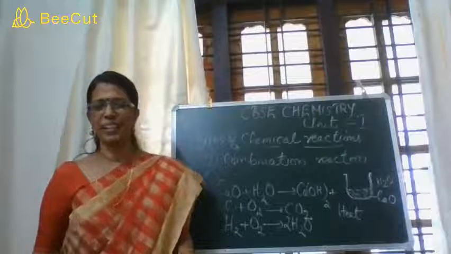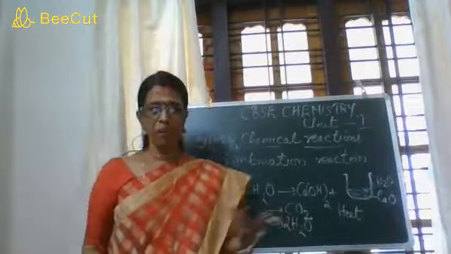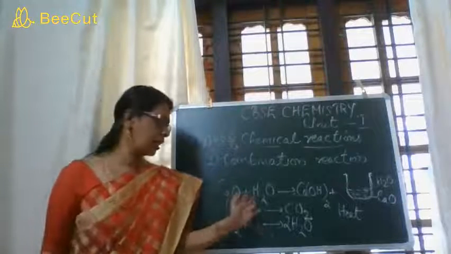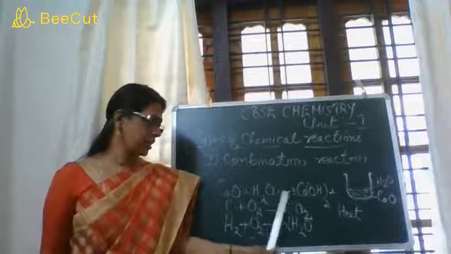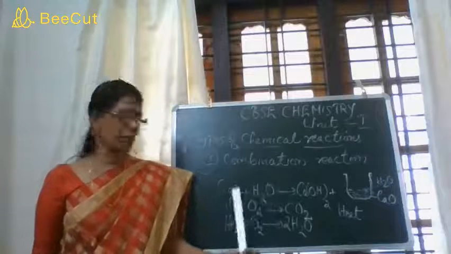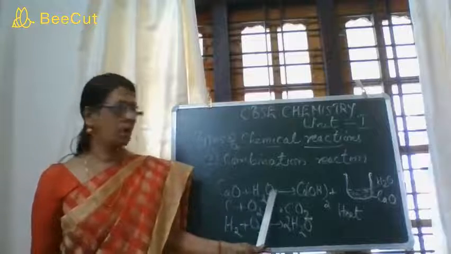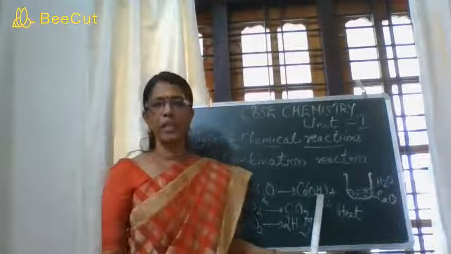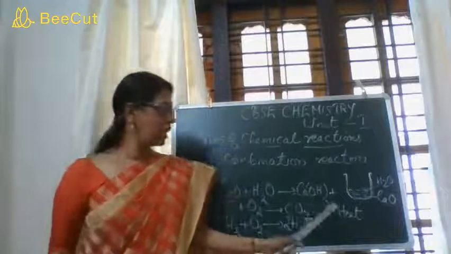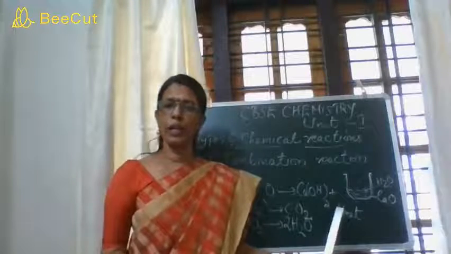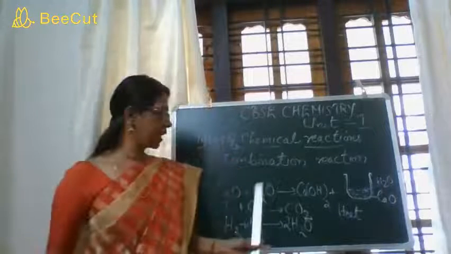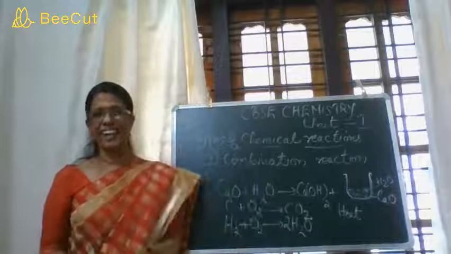Define an exothermic reaction and give an example. You can write this reaction. Then you can say that when calcium oxide combines with water, calcium hydroxide is the product, and along with that heat is also produced, and this is an example for an exothermic reaction, and this is an example for a combination reaction also.